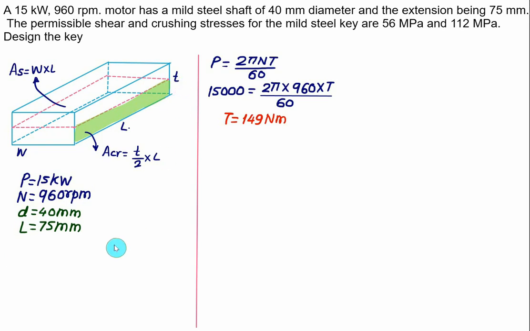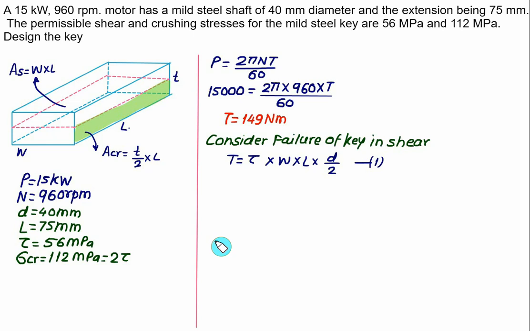That is the standard dimension we'll use, and we'll confirm by calculation whether the values are within the limit or not. The permissible value of the shear stress tau is also given, equal to 56 megapascal, and the crushing stress sigma CR is given as 112 megapascal. That is exactly 2 times the shear stress.